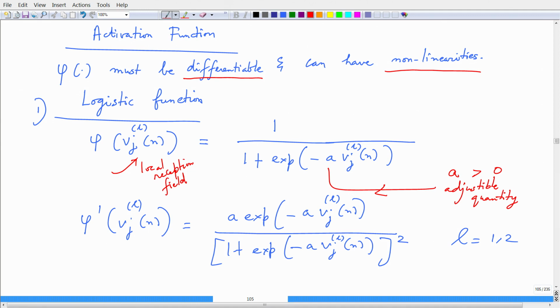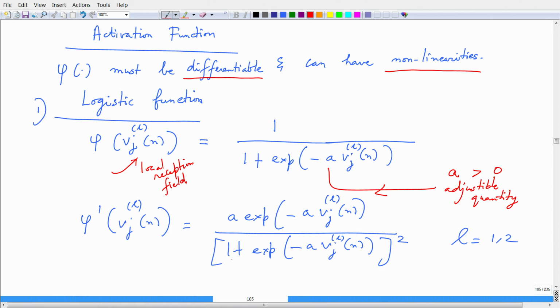Now, you can take the derivative, which is straightforward from your calculus. You have 1 over 1 plus exponential of something. Take the derivative, it is minus 1 upon 1 plus exponential, squared, times the derivative of 1 plus exponential of something. This 1 is a constant, so you take the derivative of the exponential. So, it is minus a times exponential of minus a times Vj(n).